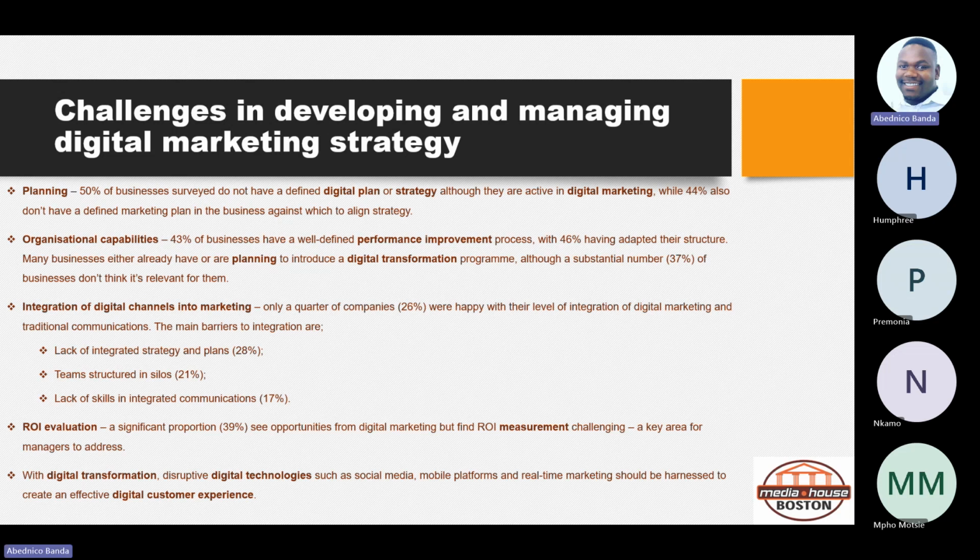So 43% of businesses have a well-defined performance improvement process, with 46% having adapted their structure. Many businesses either already have or are planning to introduce a digital transformation program, although a substantial number of businesses don't think it is relevant for them.